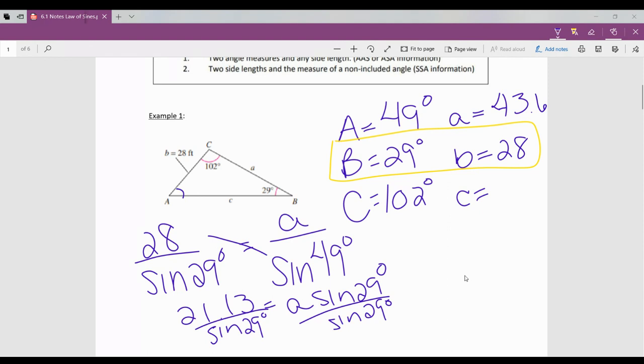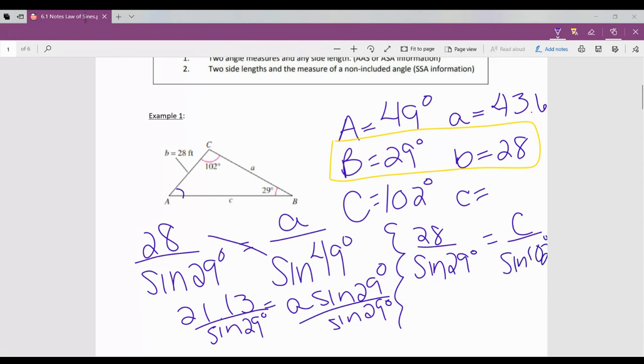All right, now the last one we want to do is find C. So we're going to stick with our original pair, 28 over sine of B, which is 29, equals C over sine of C, which is 102. So we're going to cross multiply again.